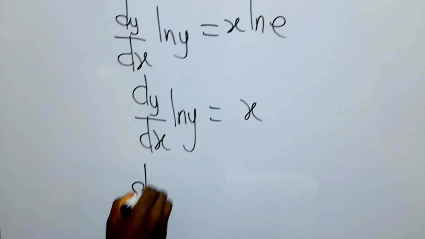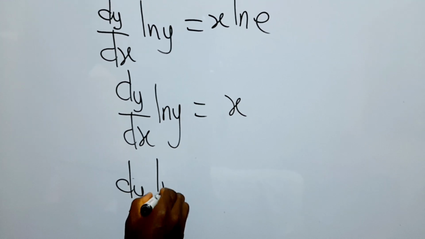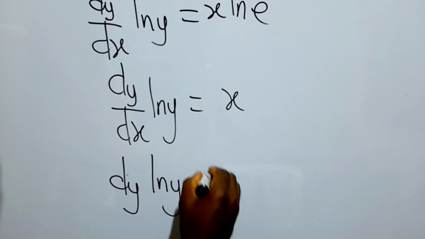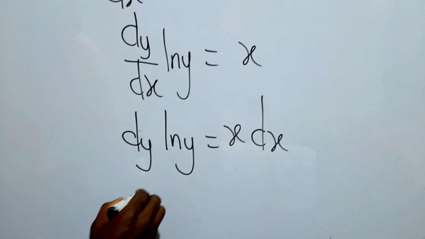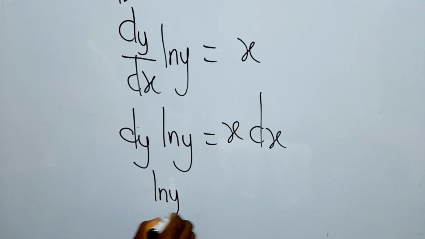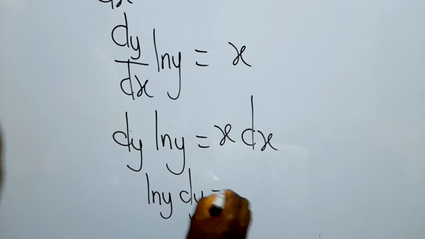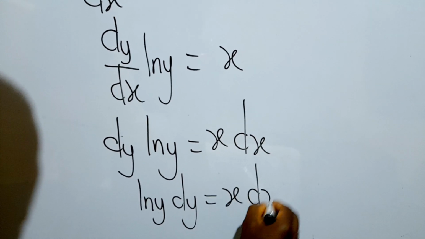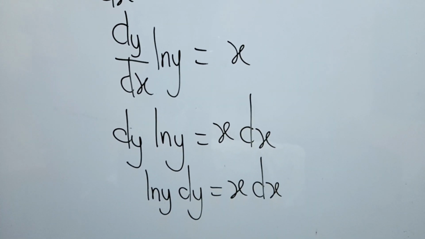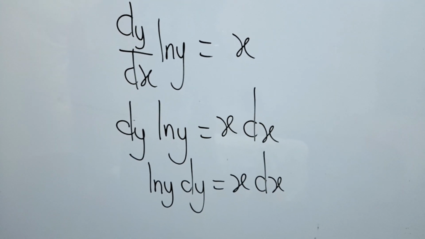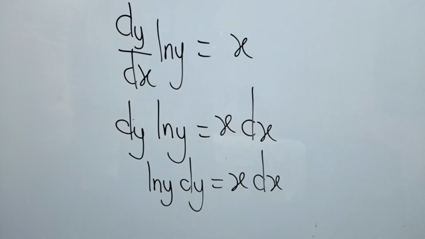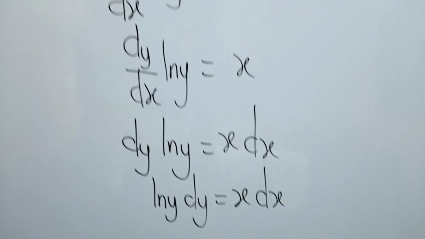Then we'll have ln y dy equal to x dx. So we have managed to separate the variables, with the dy on one side with its variable y, and the dx on the other side with its variable x.